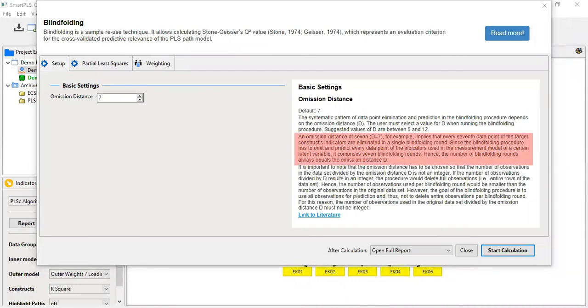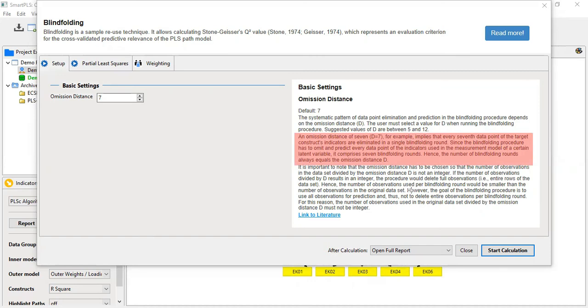An omission distance of 7, D equal to 7, implies that every 7th data point of the construct indicator is eliminated in a single blindfolding round. In one round, it deletes every 7th item. For example, if the data points are 300, then it will delete the 7th, then 14, then 21. In this way the process goes on until the software reaches the 300 sample size.